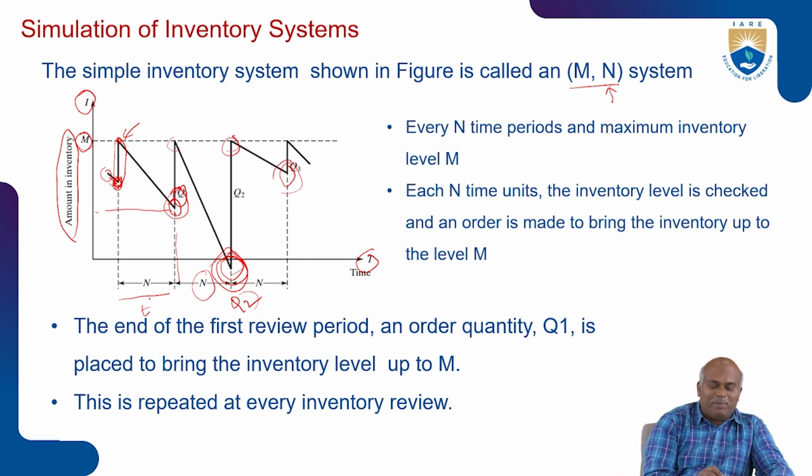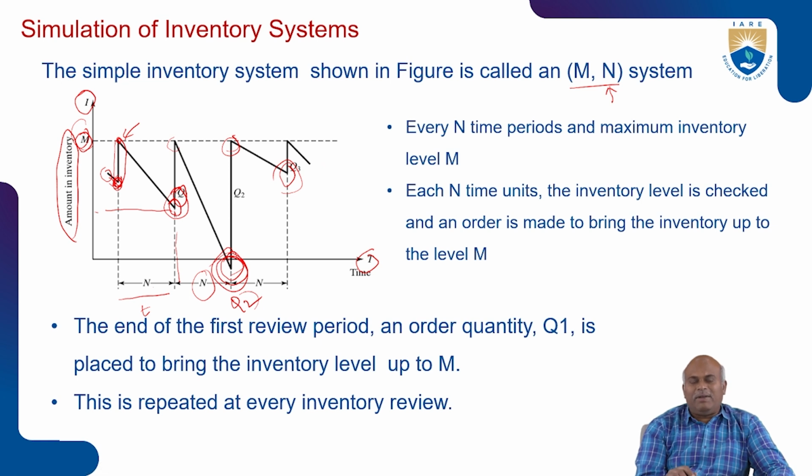Each time interval I represent as n, n1, n2, n3, n4 like that. So now every n time period, the maximum inventory level is M, which I represent as a constant.